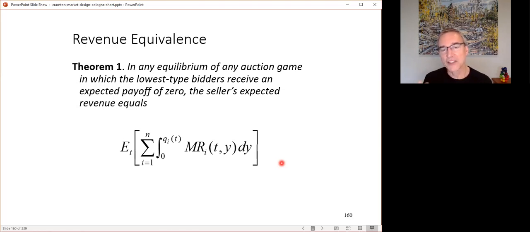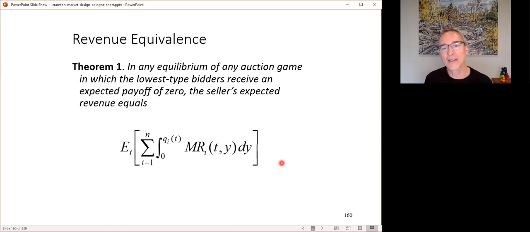And so this shows the power of mechanism design, that we can make statements like this. In any auction game, this is the seller's revenues. It only depends upon the allocation of the good. It doesn't depend upon any transfers, because the transfers of money are all dictated by incentive compatibility.